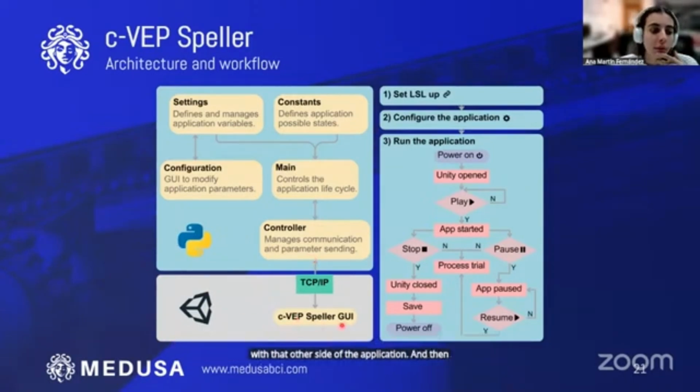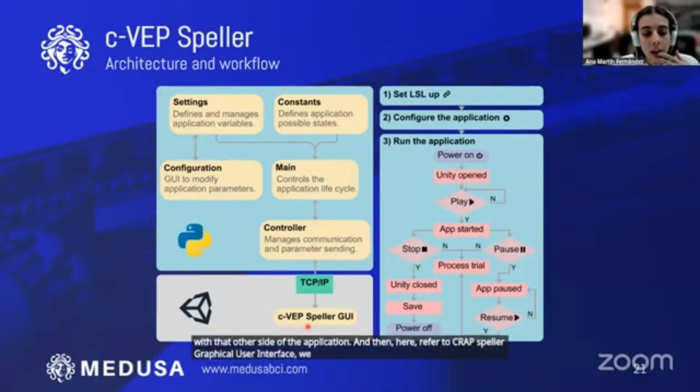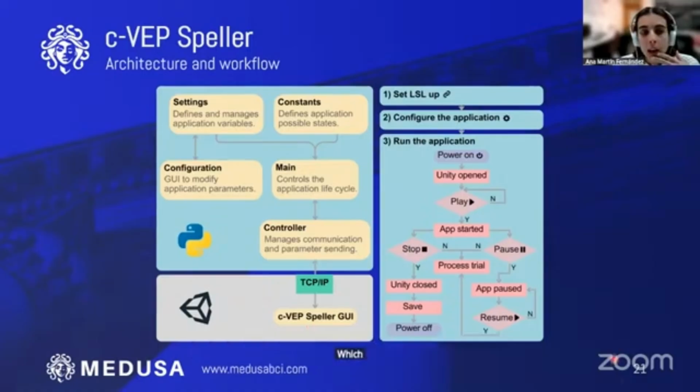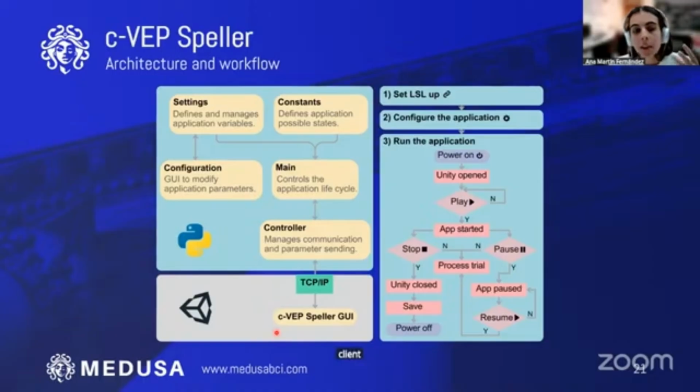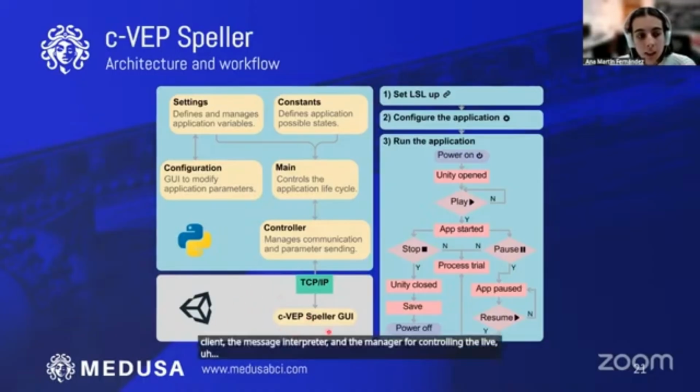And then, referred to as the c-VEP speller graphical user interface, we have the Unity part, which is a project with all the files and modules we've previously seen: the Medusa TCP client, the message interpreter, and the manager for controlling the life cycle of the application from the Unity side.